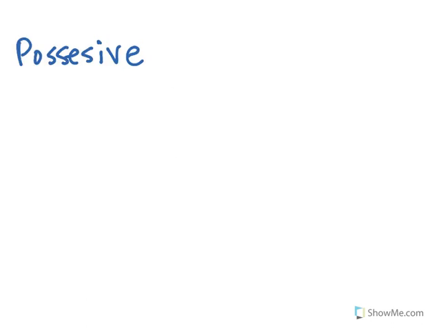Possessive pronouns are used to replace possessive nouns. So if you remember, right, possessive nouns are nouns that have an apostrophe. So if I said something like Kate and I wanted to make it possessive, I add apostrophe S, Kate's. Okay, so that would be possessive.